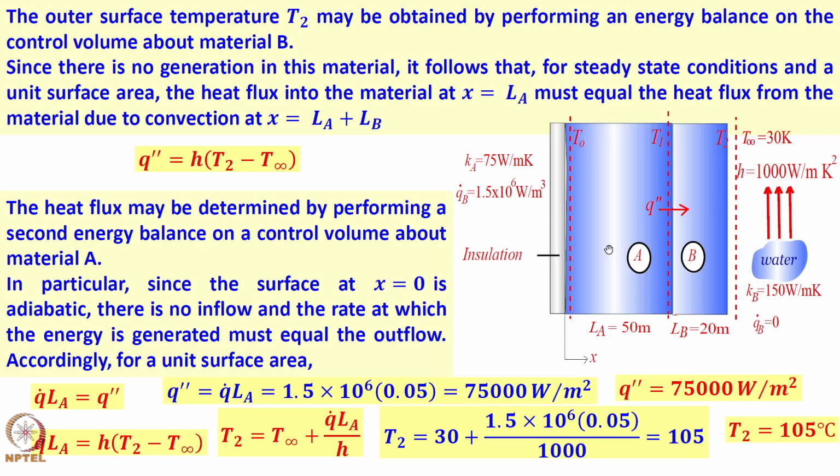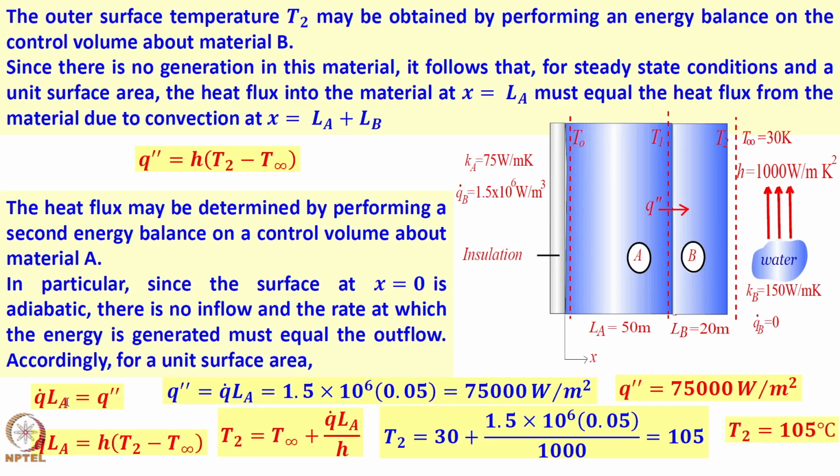So, Q dot As LA is equal to h As into delta T. The As will cancel, so I will be left with Q dot into LA. I will work with heat fluxes here because this is a plane wall, all the areas are the same. Therefore, Q double prime is Q dot into LA, actually volumetric generation into total volume, but because all the areas will get cancelled, I can work with just the heat flux.